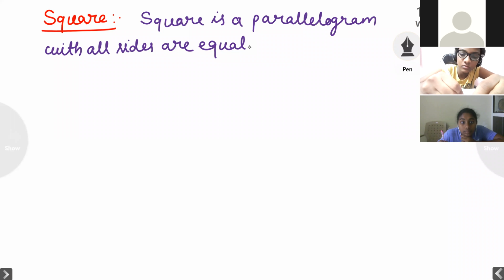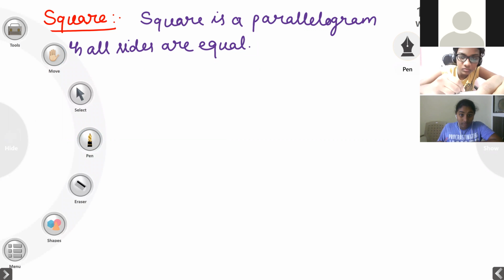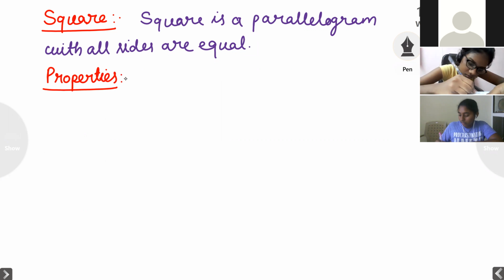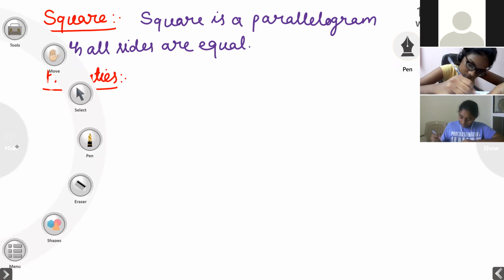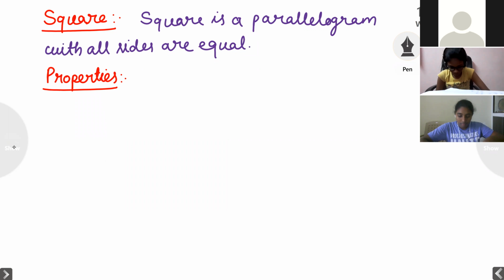In the properties, I will give all the concepts. I want to draw a square on the right side. Draw one square.